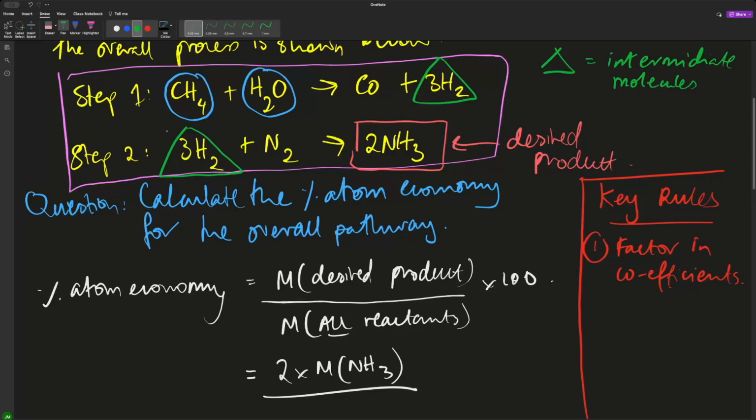Those were the reactants used to make the H2, so we count them. This H2, we don't double count it. If we counted it again, it would be double counting.